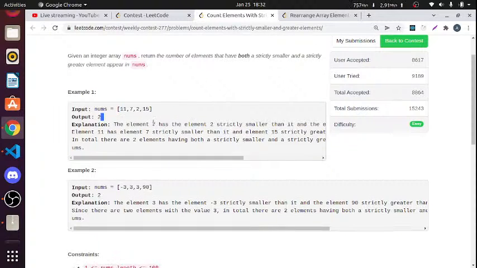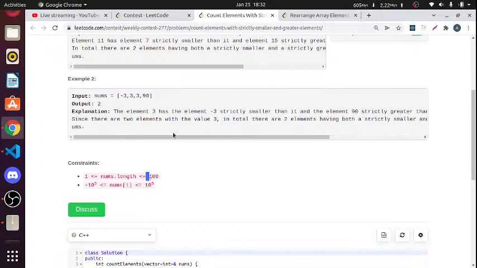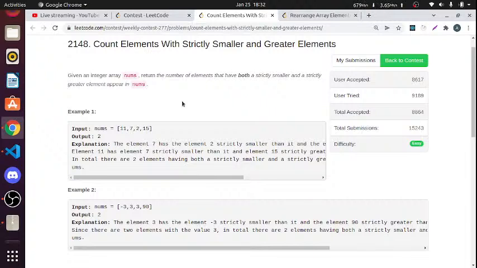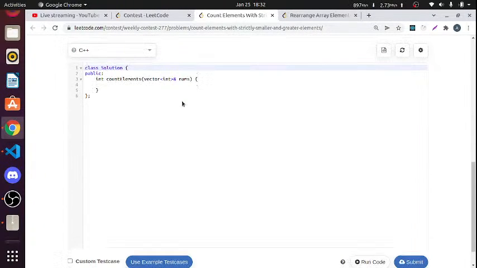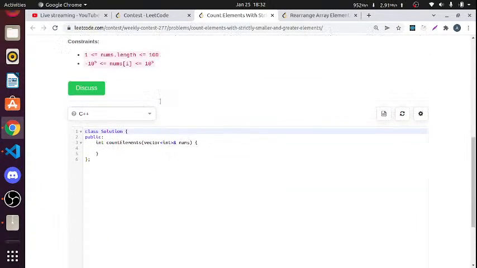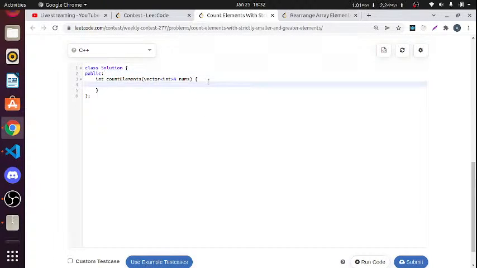So what we can do here, we have only 100 numbers, right? We don't need to optimize it, so we can directly code it.